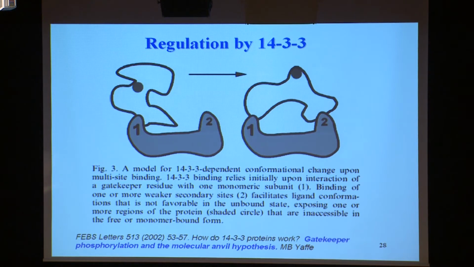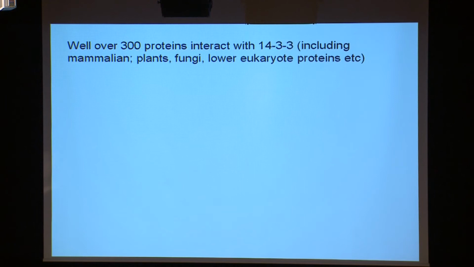So it can promote a conformational change in the protein. And to cut a long story short, I haven't got time to go into all of it, but it's now been shown that well over 300 proteins can interact with 14-3-3 isoforms, in some cases with specific isoforms, from mammalian systems, from plants, fungi, as well as other eukaryotes, etc. So I'll just talk about a few of them.